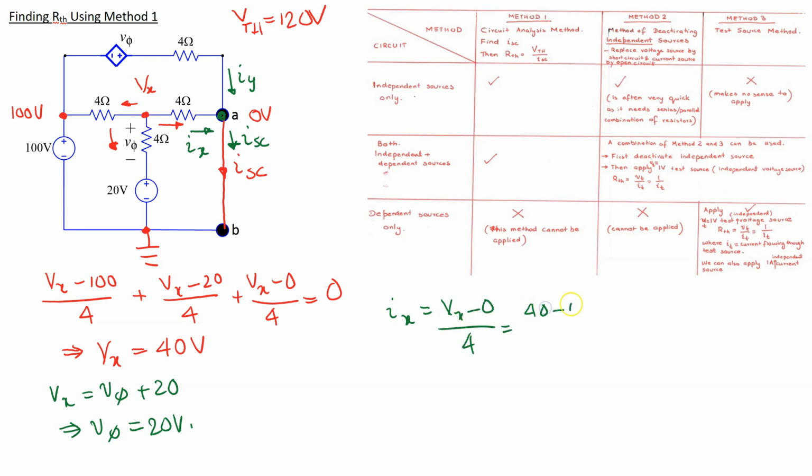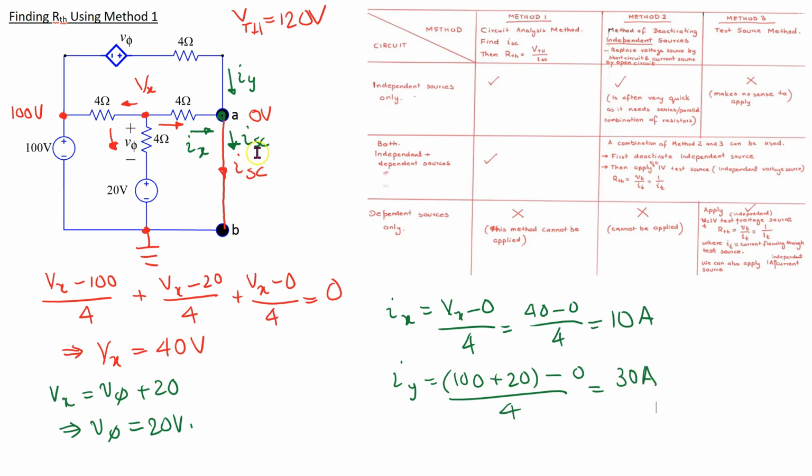Substituting values, we get 10 amps. Current Iy is voltage at this side minus voltage at this side for this 4 ohm resistor. So this is (100 plus V phi, which is 20, minus 0) over 4. So this gives 30 amps.